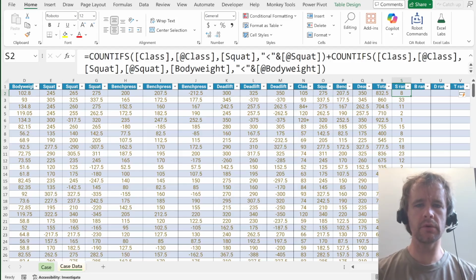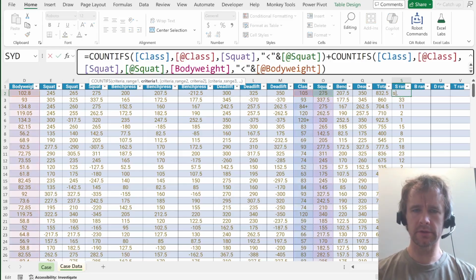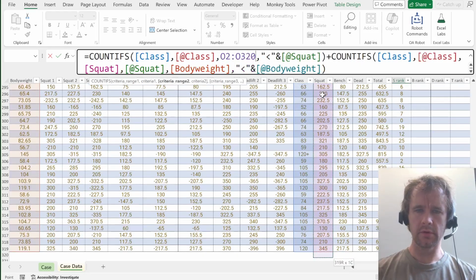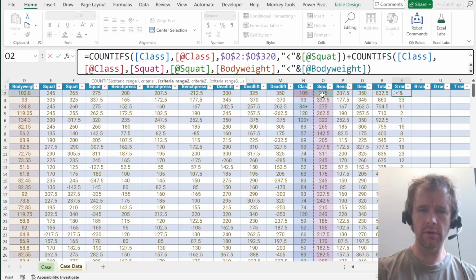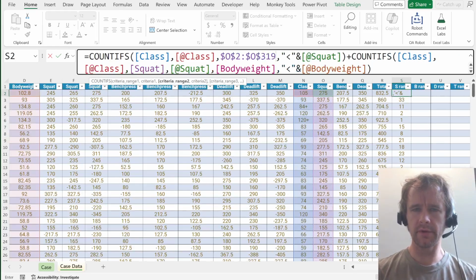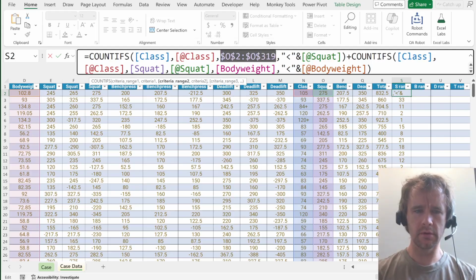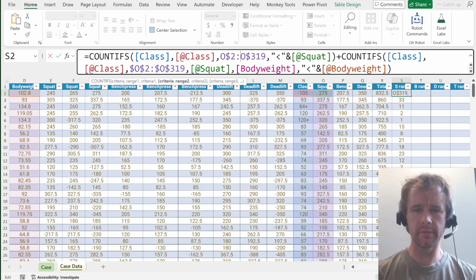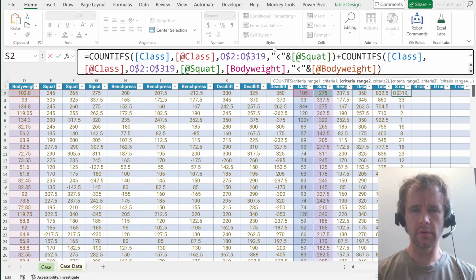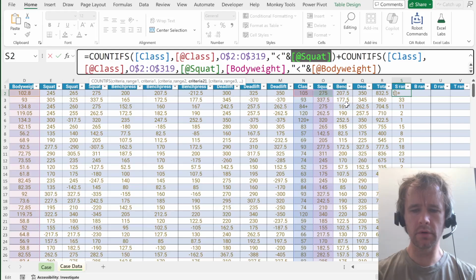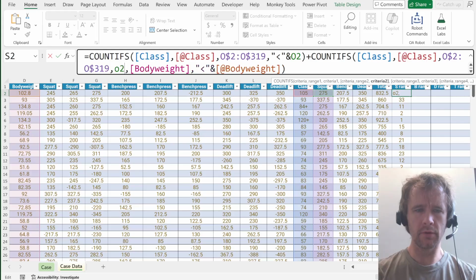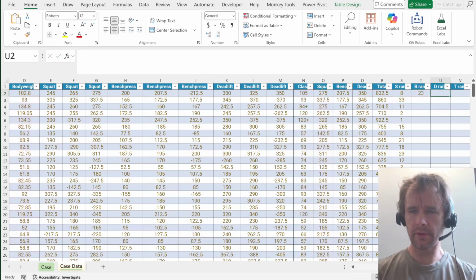Okay, so let's replace squat with lock 319. Oh, sorry, but don't lock that. This can just be what? Oh, 2. Oh, 2. Okay.